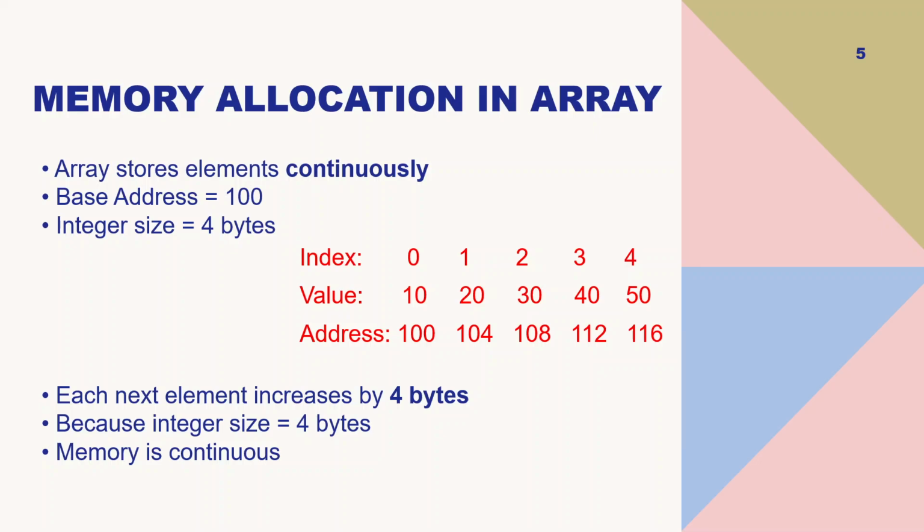Therefore, the item stored at arr[1] will have address 104. The item 30 at the second index position will have address 108, and so on, 112 and 116. That's how the elements are stored in a continuous memory location.